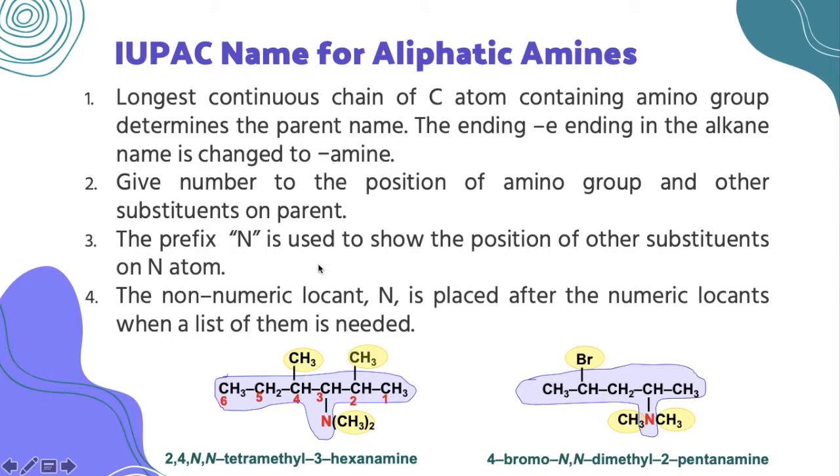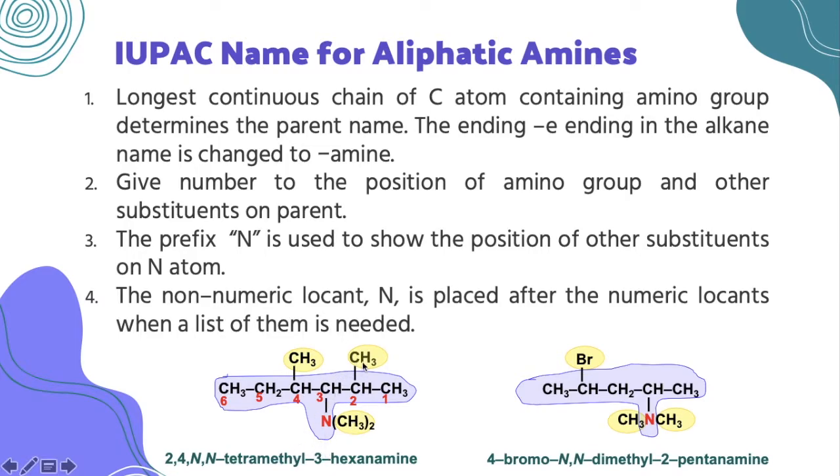The prefix N is used to show the position of other substituents on the N atom. The non-numeric locant N is placed after the numeric locants when a list of them is needed.